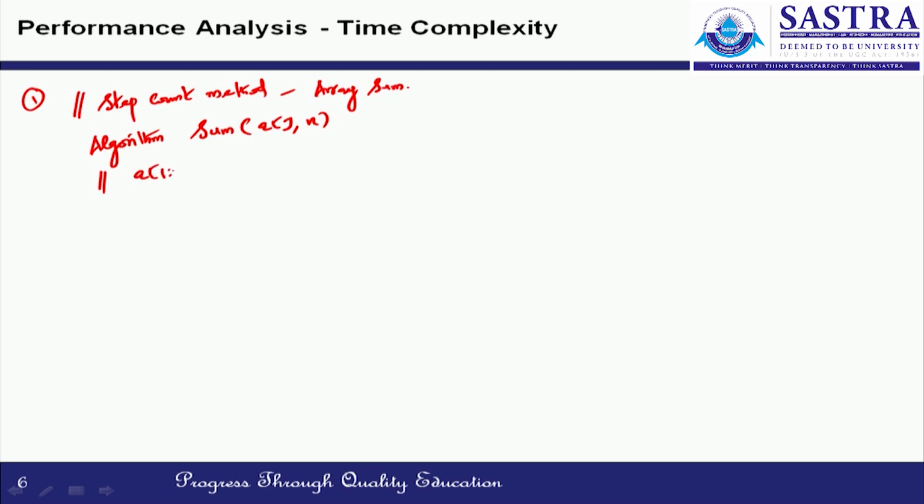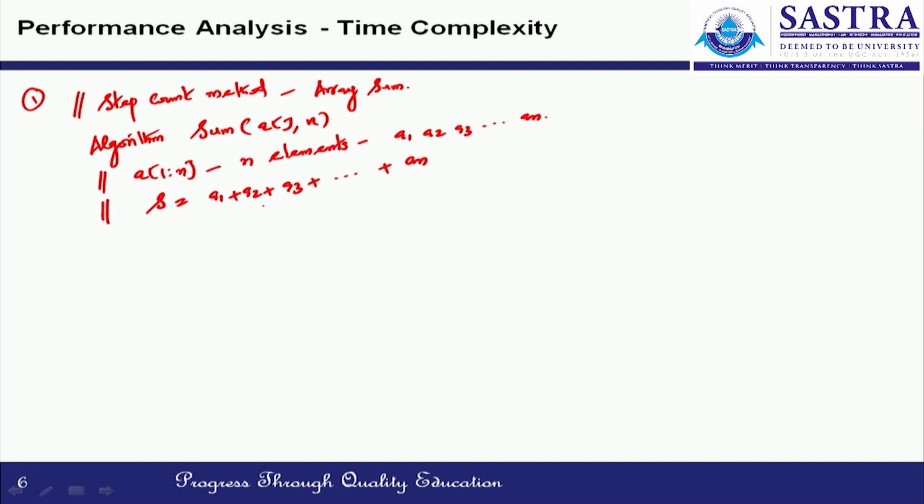A is a one dimensional array which consists of n elements. The array elements are referred as A1, A2, A3, etc., An. N represents the size of the array. Let us devise the algorithm to find the sum of the elements, that is, we need to find S is equal to A1 plus A2 plus A3 plus etc. An.